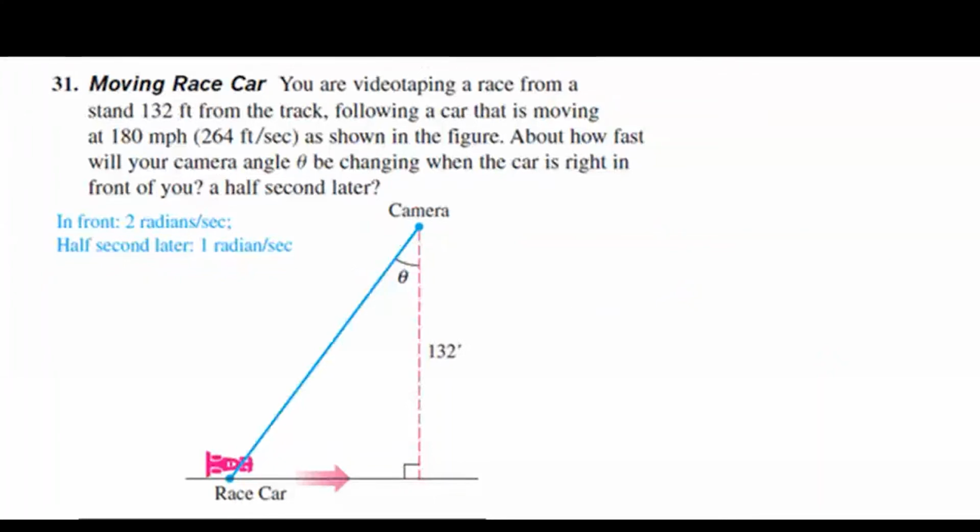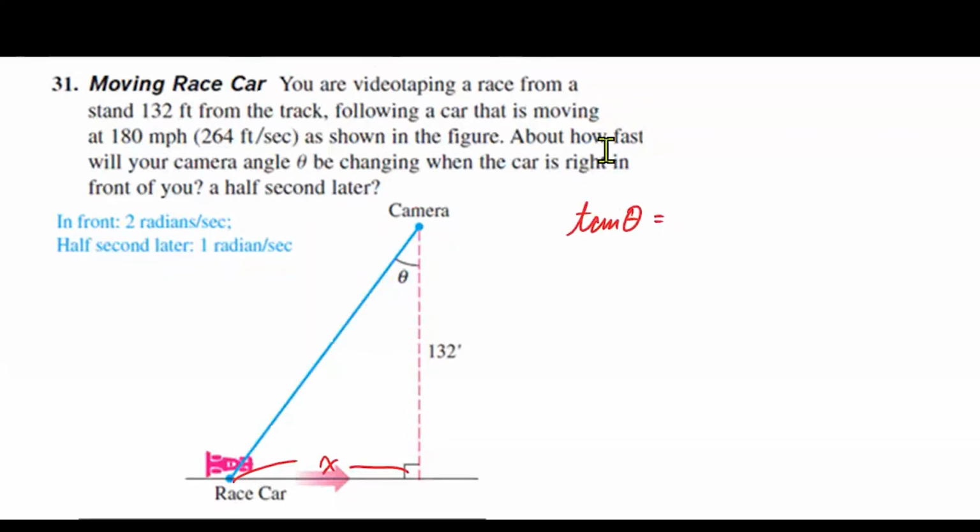Okay, but we can still think of it as this triangle changing shape, and the only side that changes is this, and this side remains constant. You know what I'm saying? Okay, so I'm going to call this side x, like that. Is tangent a good one to use, right?